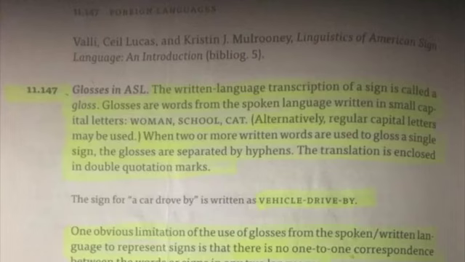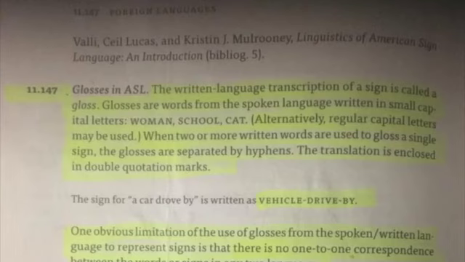Now, I just want to go over that. So, a gloss is words from the spoken language written in small capital letters or normal capital letters.